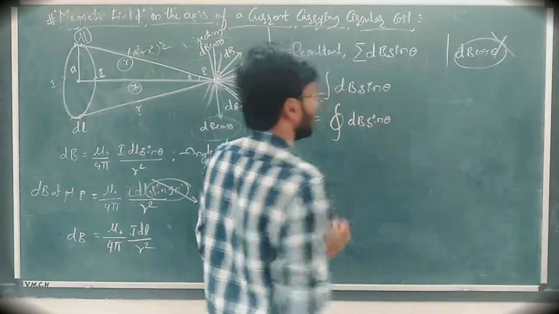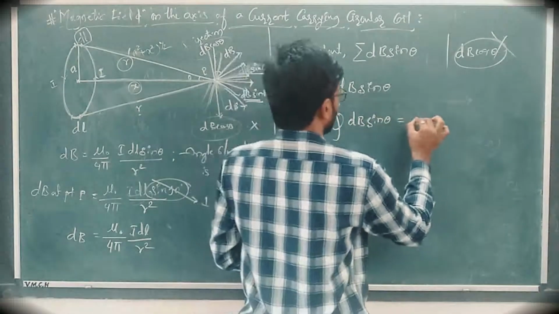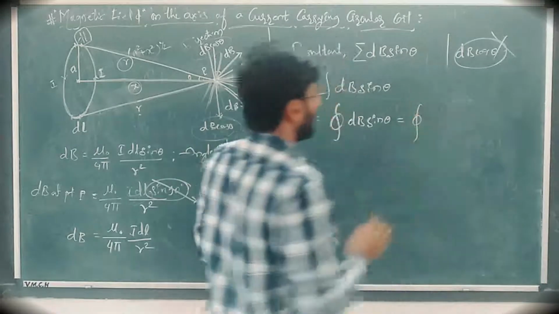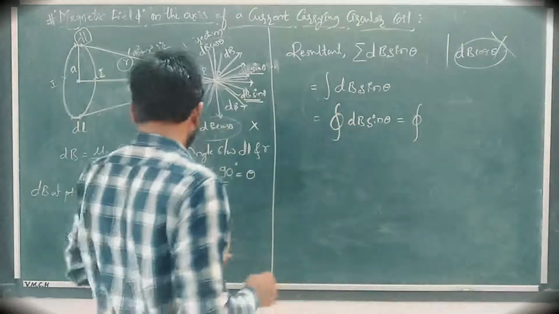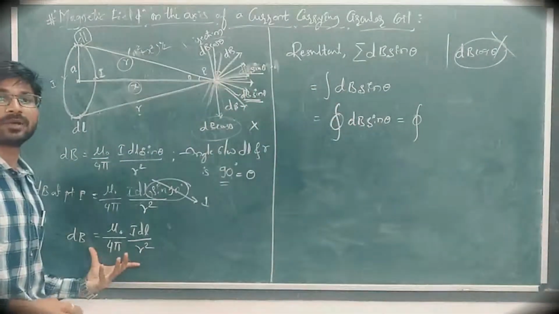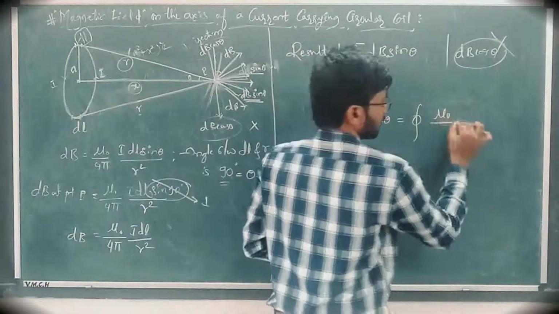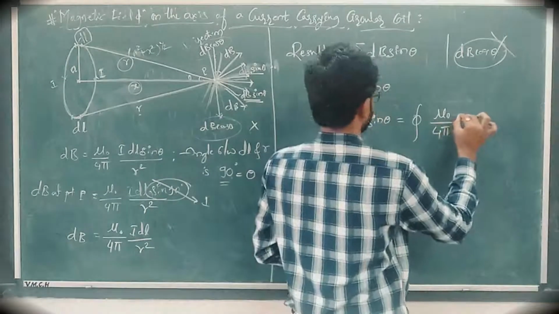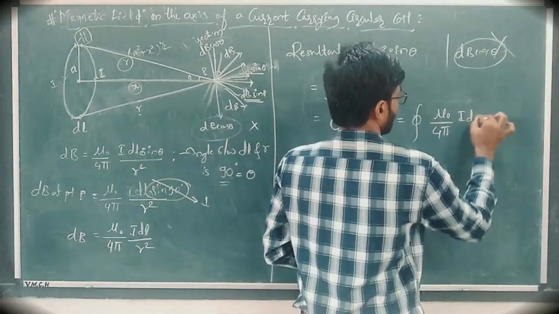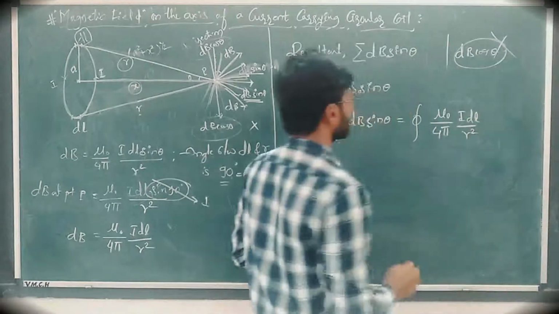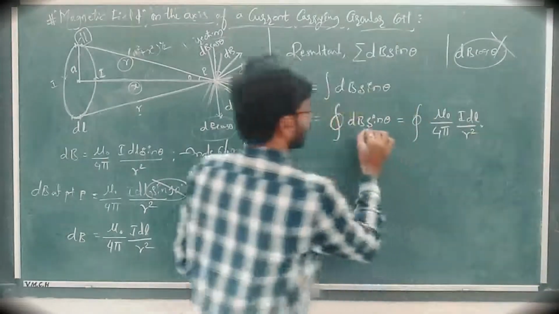sin theta. And now, already we know that dB here is mu naught by 4 pi into I dl by r square. So I can write mu naught by 4 pi I dl by r square into sin theta.